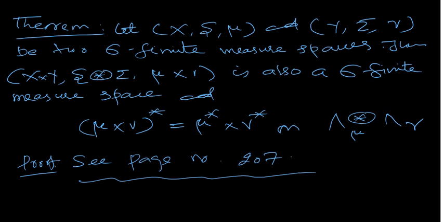Now we start our next section, that is the x section and the y section of sets. Suppose we have two arbitrary sets, how can we define the x section and y section of some particular subset of that product set?